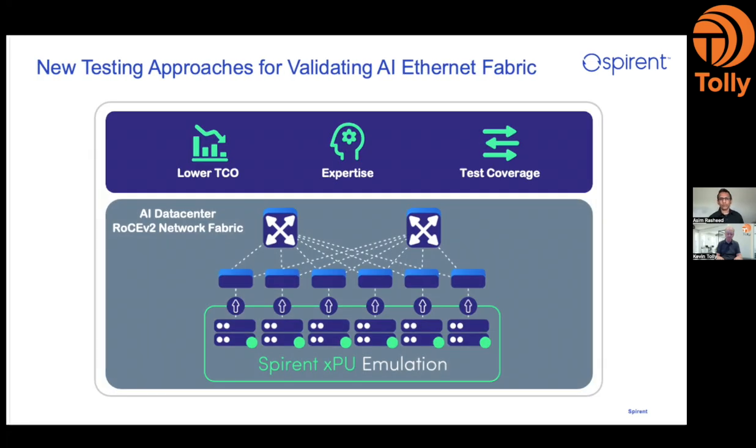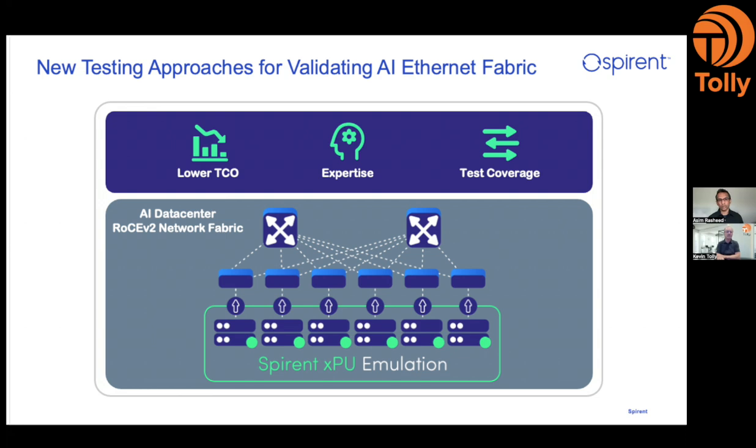Sure. Just a brief background of what I had mentioned previously. Spirent is emulating the GPUs. This is our methodology where, instead of purchasing, installing and maintaining a huge network infrastructure of GPUs and servers, Spirent will emulate the GPU traffic that's coming into the network.